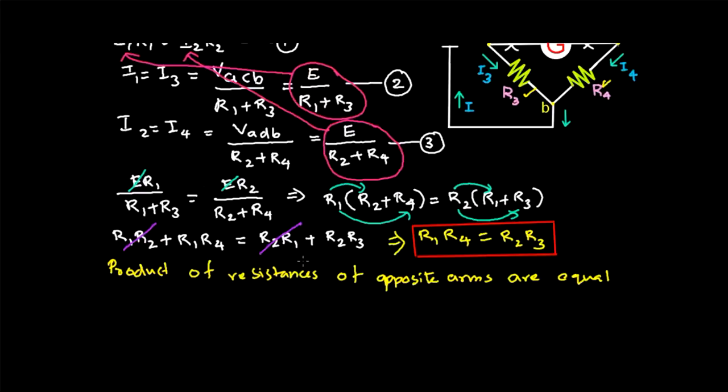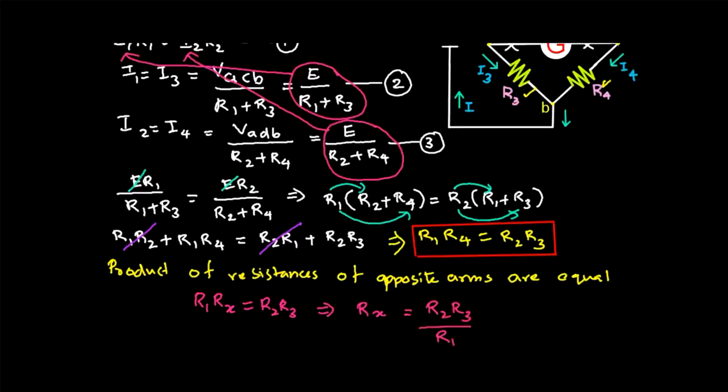Consider a condition where one of the resistances is unknown. Consider R4 is unknown. In that case, I will call R4 as Rx. So I will rewrite it as R1 Rx is equal to R2 R3. From this, what is Rx?